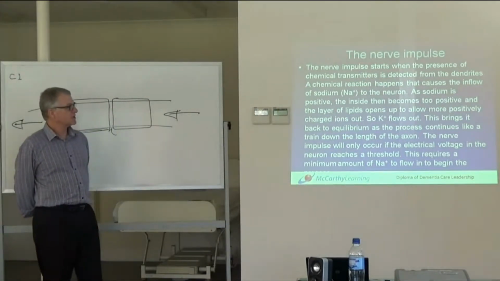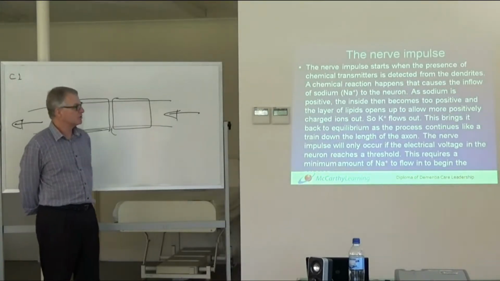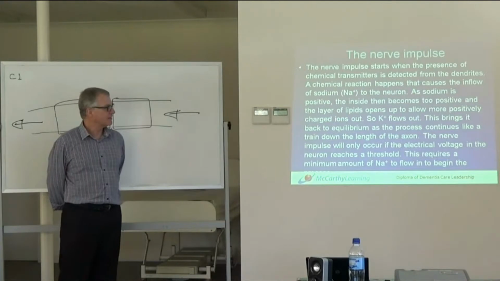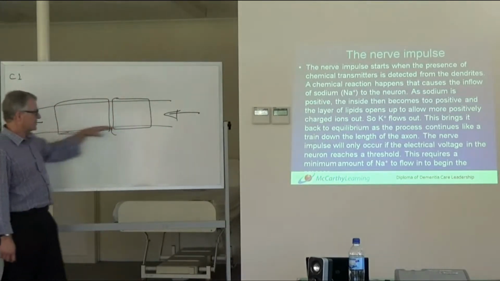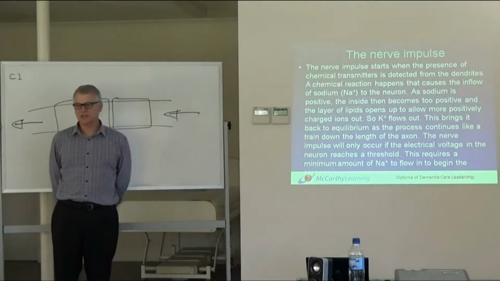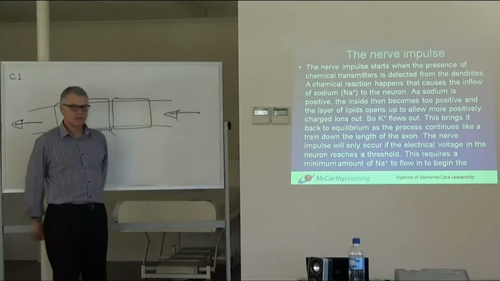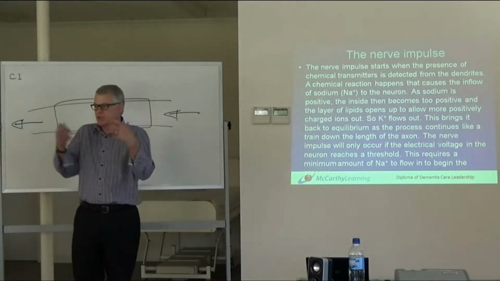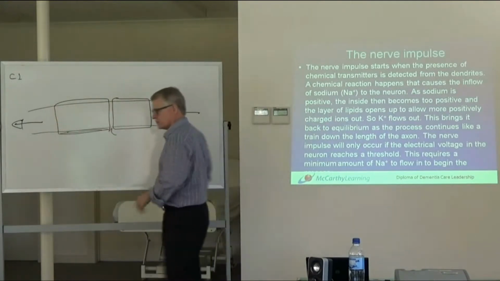As sodium is positive, the inside then becomes too positive, and the layer of lipids, which is the layer on the outside of the neuron, opens up to allow more positively charged ions out. So what we've got is too much charge inside the neuron, so it becomes too positive.